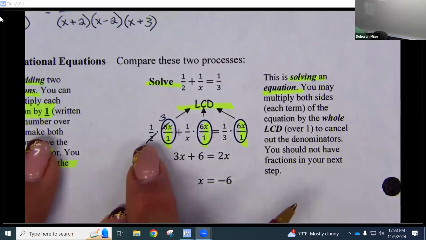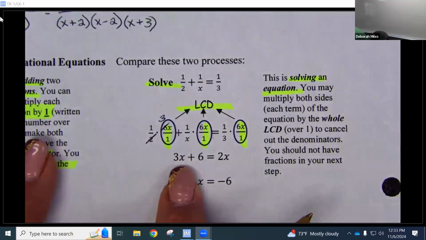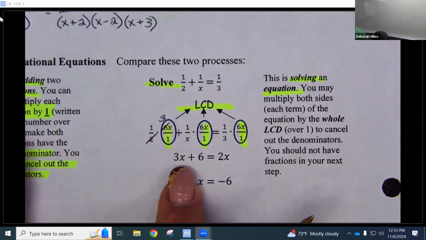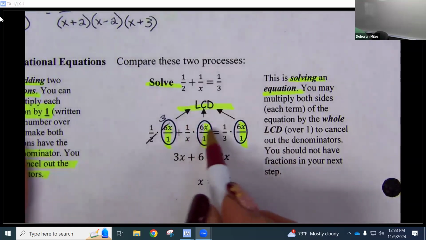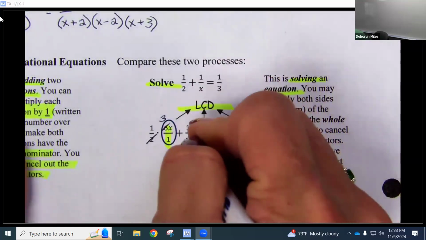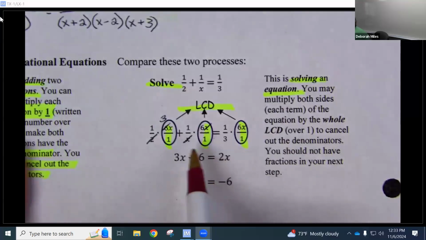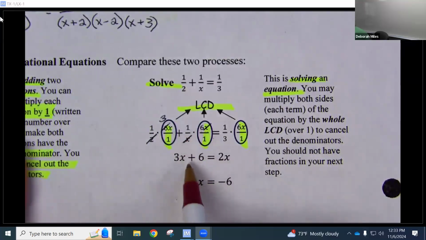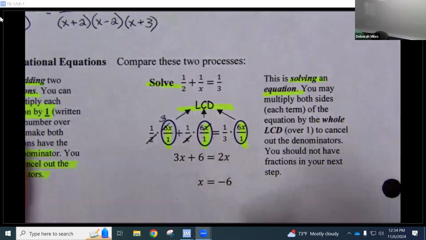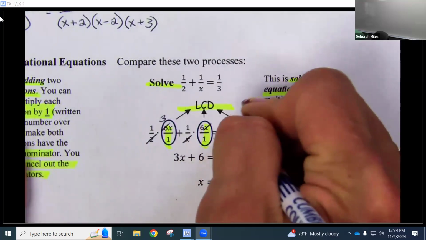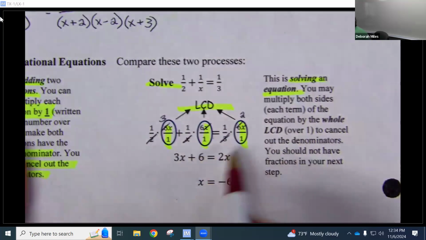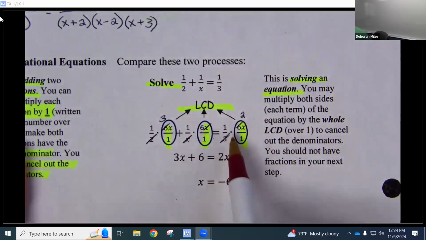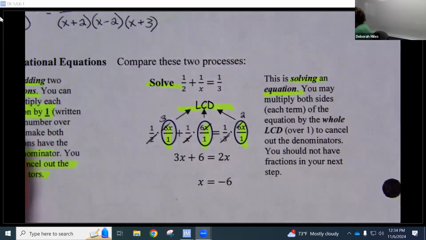And that first term just becomes 3x, no fraction anymore. Second term, since that 6 is multiplied by x, I can cancel the x's and say all that's left of the second term is 1 times 6. And on the right-hand side, I can say 3 goes into 6 2 times. And all that's left of the last term is 1 times 2x, which is 2x.